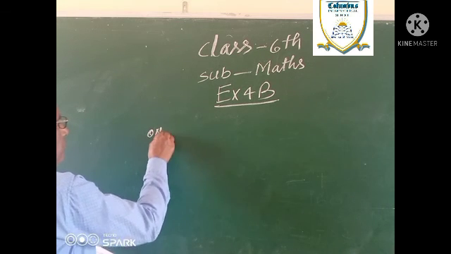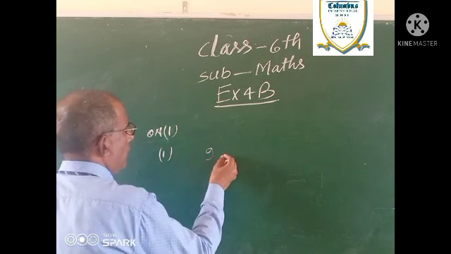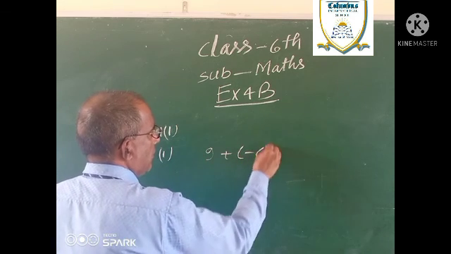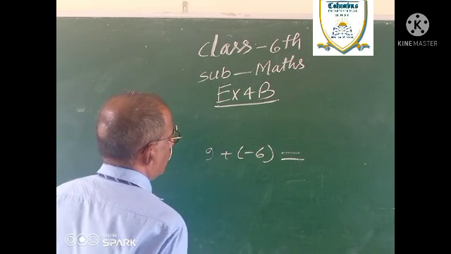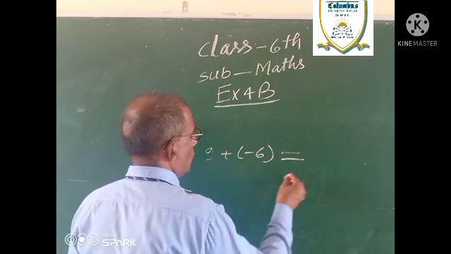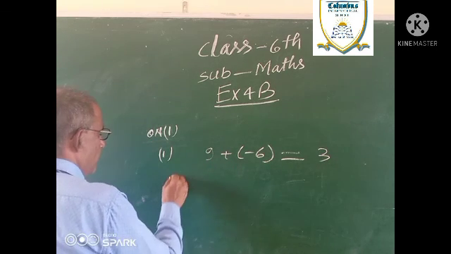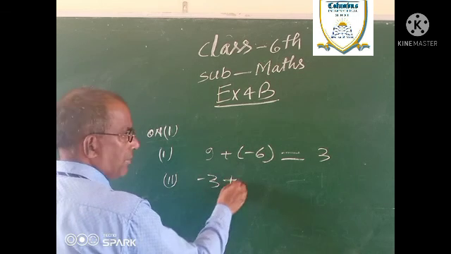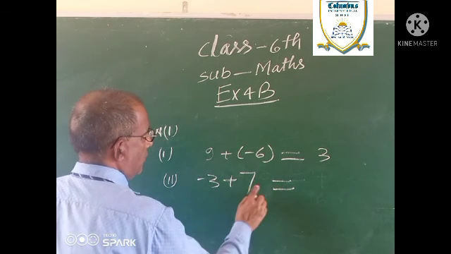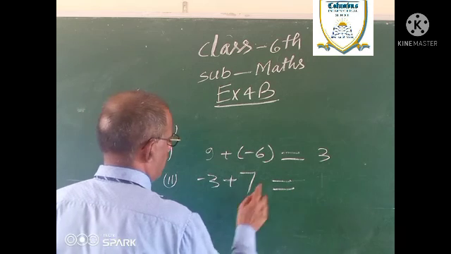Question number 1. 9 plus -6. 9 is greater than 6 and it is the plus sign, so 3 is the only answer of this question. Second, -3 plus 7. Here 7 is the greater number and sign is the plus, so plus is the sign of the result.